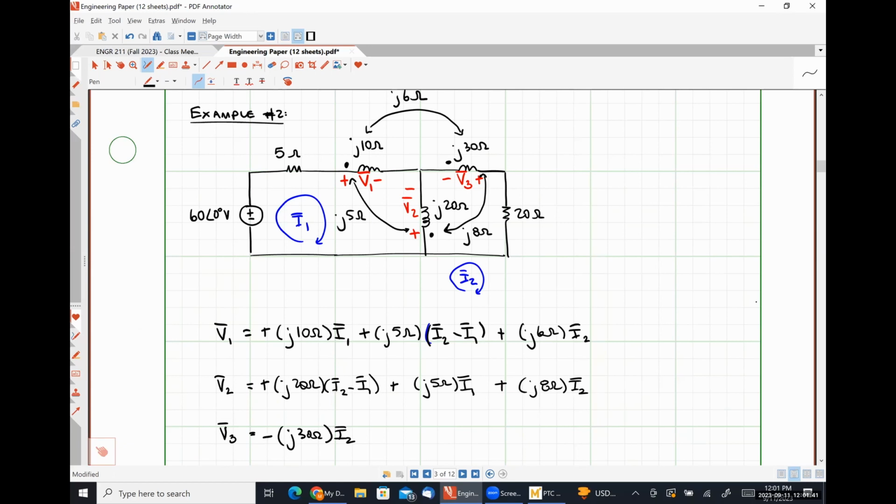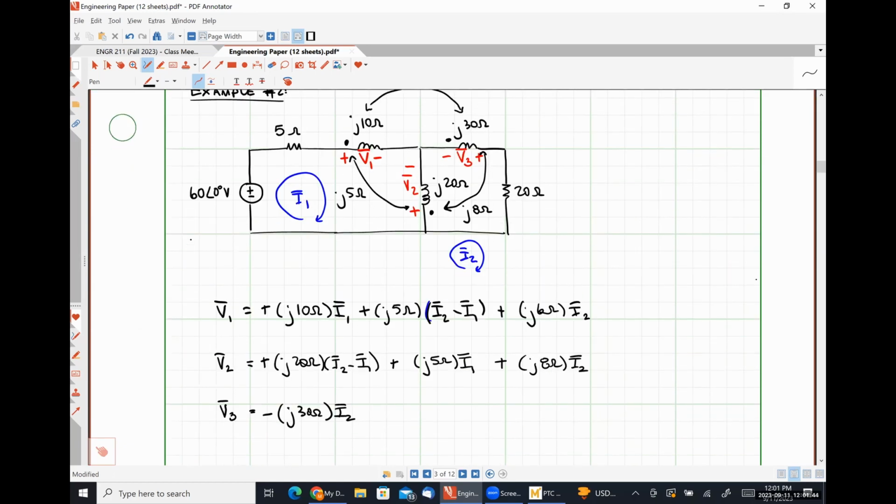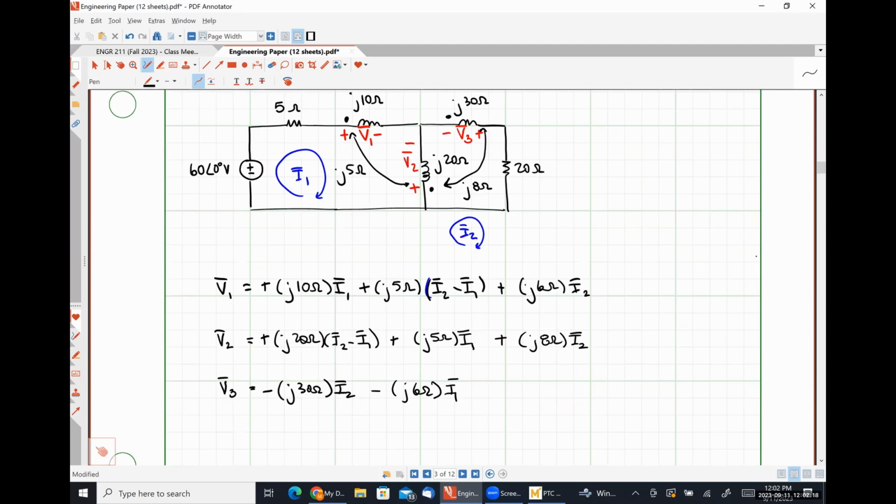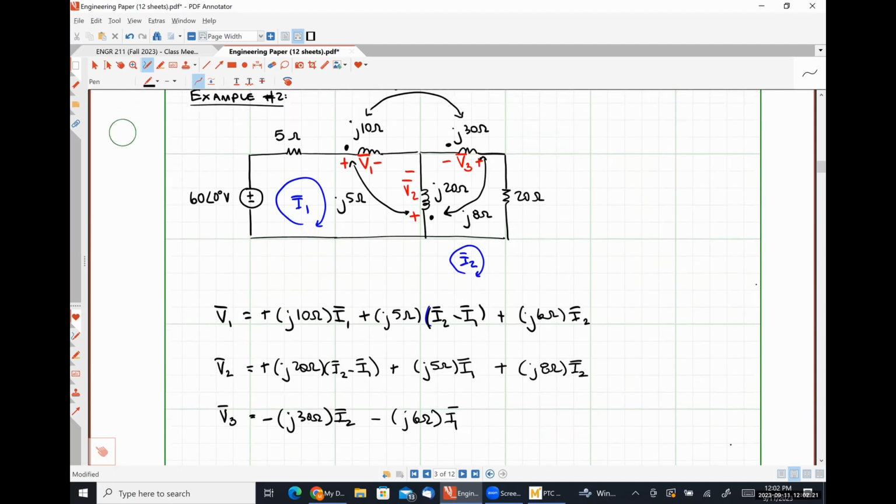we're coupling with coil 1, so that's going to be our j6 term. Positive polarity is at the undotted terminal. I1 flows into the dotted terminal. We have our coupled term between coils 2 and 3, going to look like j8.